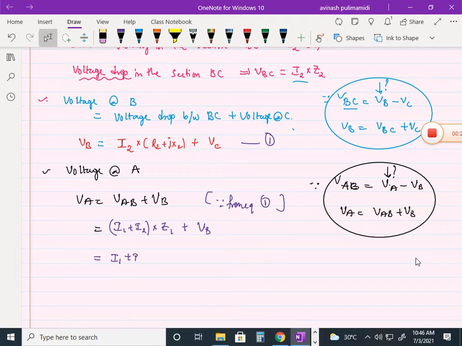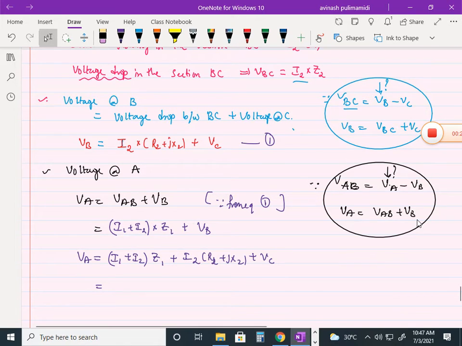I1 plus I2 multiplied by Z1 plus, what is VB? VB is I2 into R2 plus JX2 plus VC. Okay, so that is the value of VA.